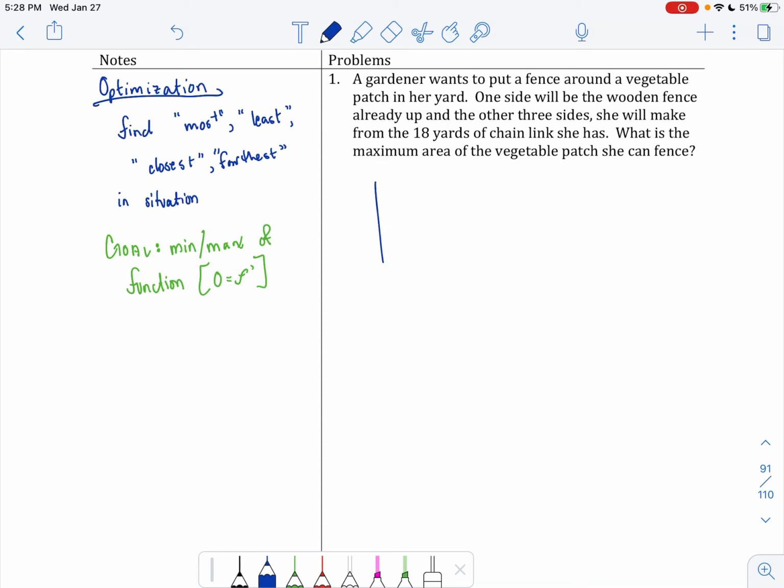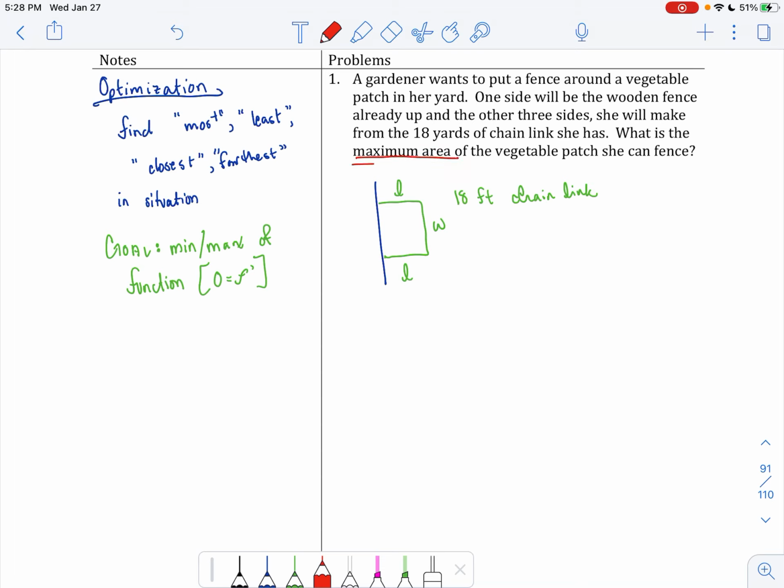She already has a fence up, it's a solid fence, and she's going to put in a vegetable patch, and she only needs to fence three sides because one side's going to be against the fence. So we've got a length, and then a width of the patch, and this green part is made up by 18 feet of chain link. So this is the given information.